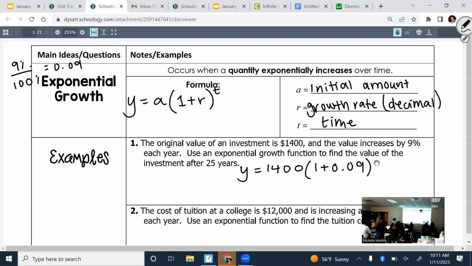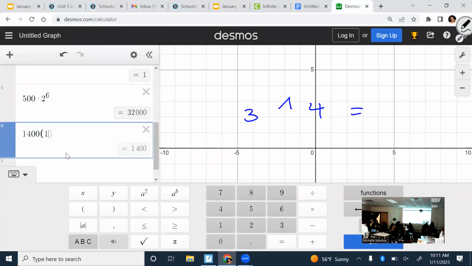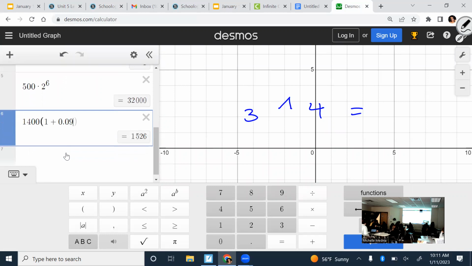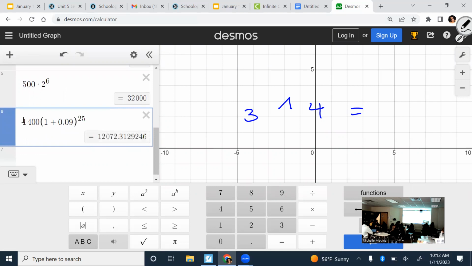So in this one, it's 25. You put that entire thing in your calculator, exactly how it looks, all at one time, unless you want to do order of operations. So that was 1,400 parentheses 1 plus 0.09 to the 25th power, just like that.